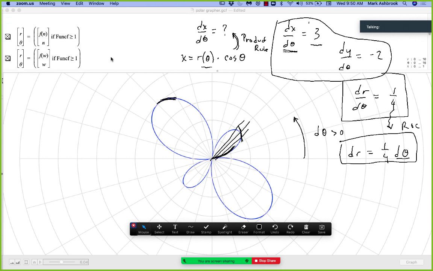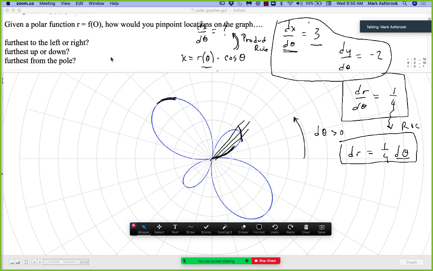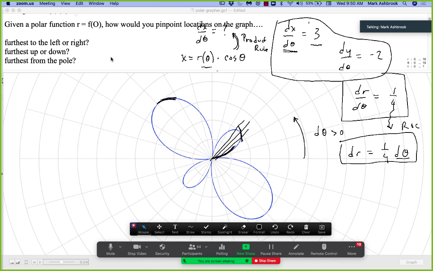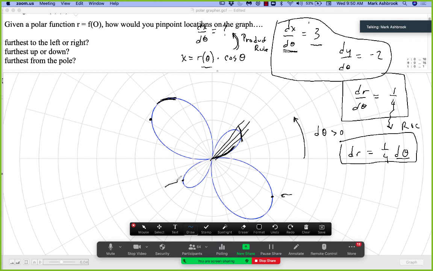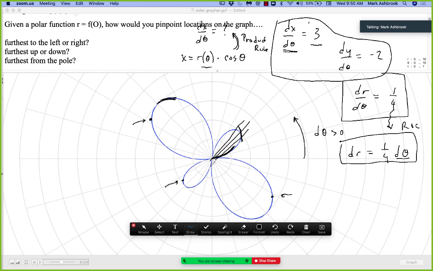Where are my questions here? Somewhere there's some questions. Here we go. How do you determine places where the graph is furthest to the left or the right? Like that, and like that, and like that. What's true about those points? dx d theta equals 0. A couple of you said it, right? dx d theta is 0.